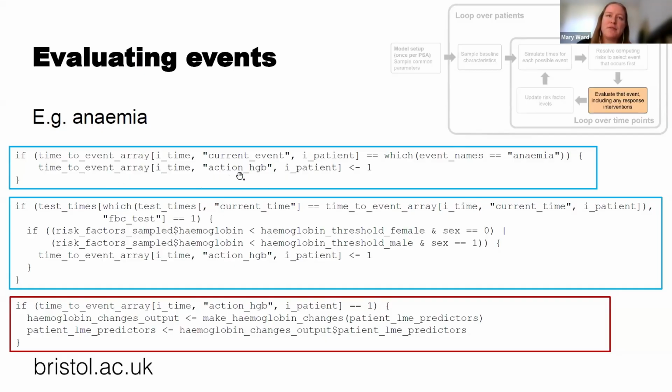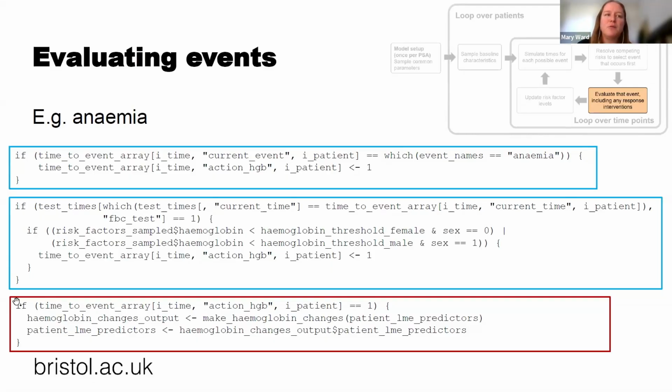But we might also trigger that same action if someone's low iron levels were picked up by a blood test. So if we'd done a blood test at this time, we'll look to see what the current hemoglobin is, and that would also trigger the same action HGB function.